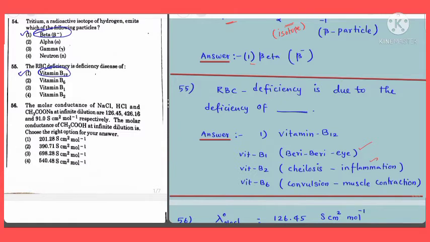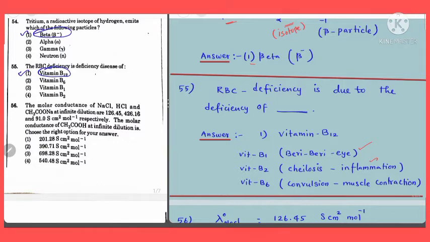Vitamin B6 deficiency causes convulsions, which are involuntary muscle contractions. So RBC deficiency is due to the deficiency of vitamin B12. So option 1 is the right answer.